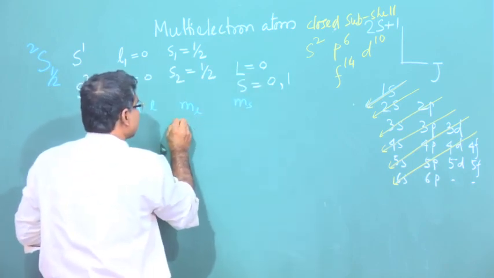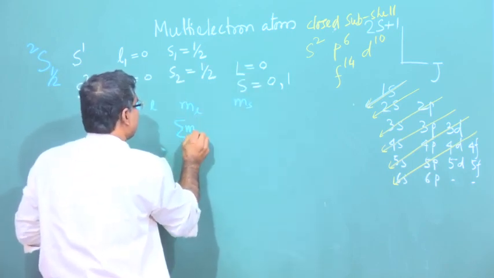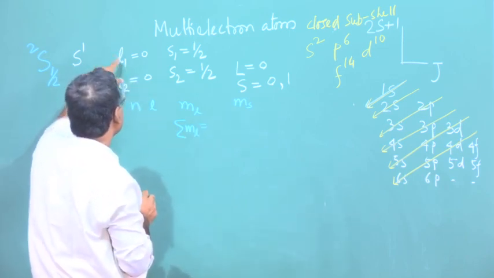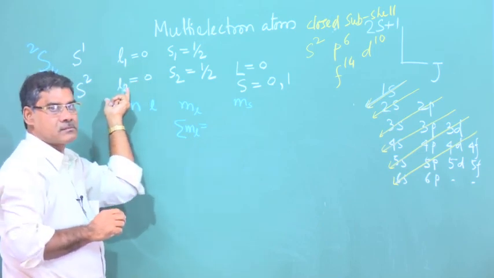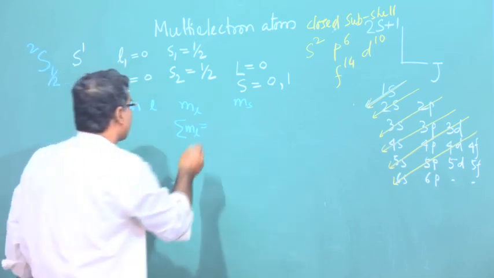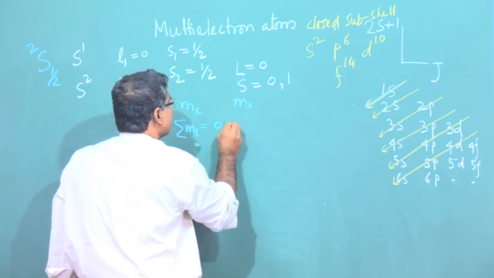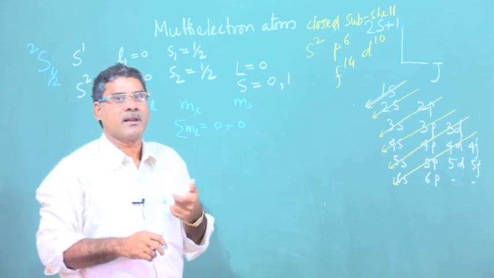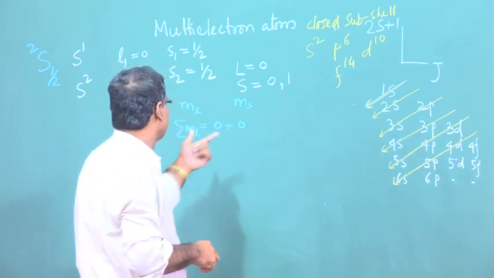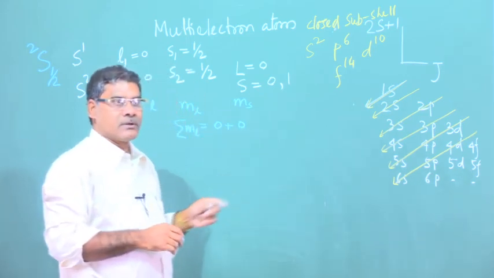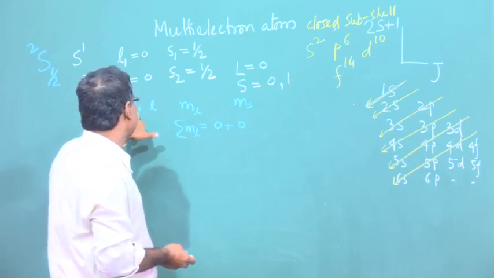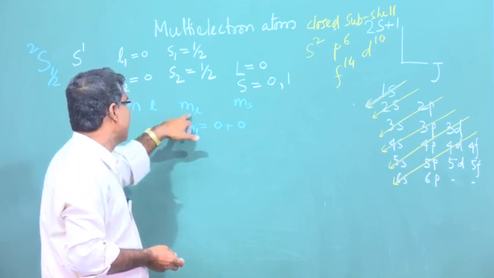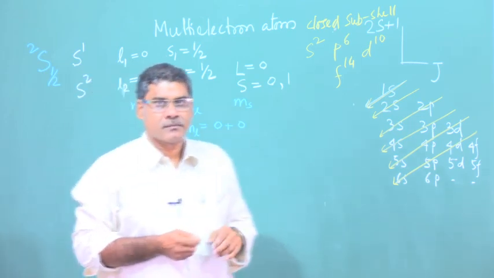Generally we write sum over ML equal to ML1 plus ML2. Both are 0, so for 2 electrons it is 0 plus 0. That means ML1 is 0 and ML2 also 0. So now n is the same, L is the same, and ML is also the same for both electrons.